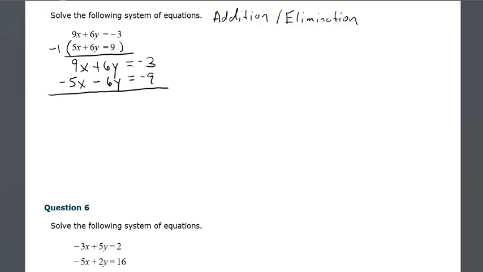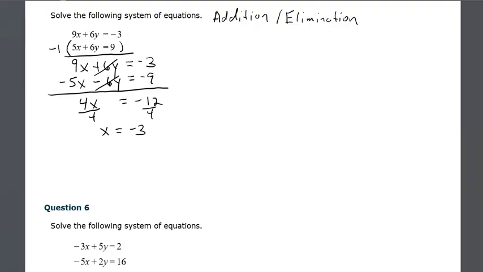Now when I add the two equations together, the y value is eliminated, and that leaves me 9x minus 5x, which is 4x, and negative 3 and negative 9 give me negative 12. So I eliminated one of the two variables so that I could solve for the other. Now I divide both sides by 4, and x equals negative 3.